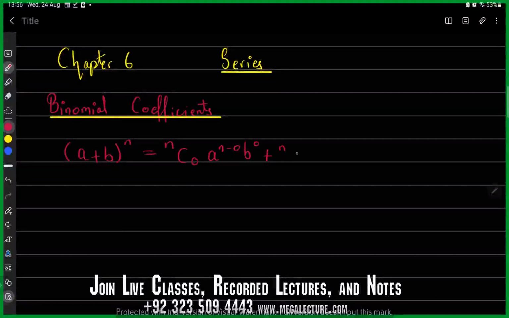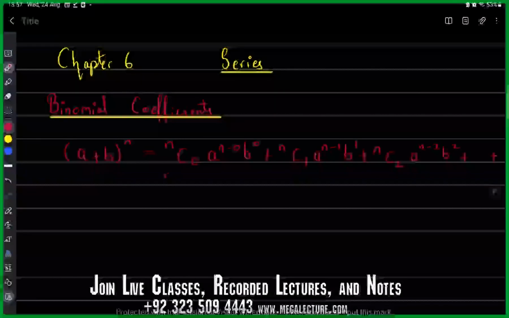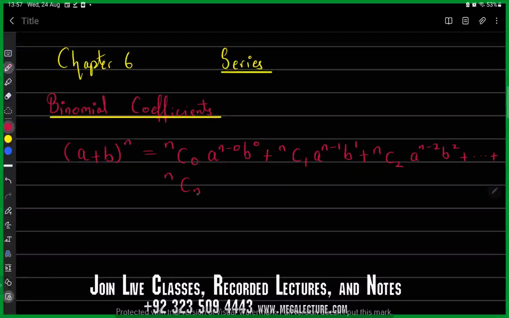plus nC1 a power n minus 1 b power 1 plus nC2 a power n minus 2 b power 2 plus dot dot dot, and the last term is going to be nCn a power n minus n, b power n.